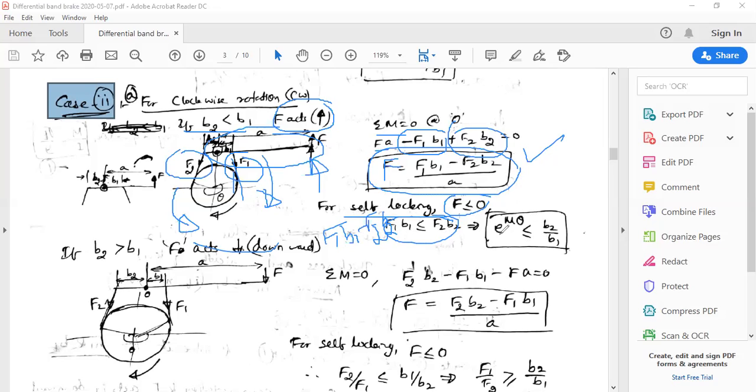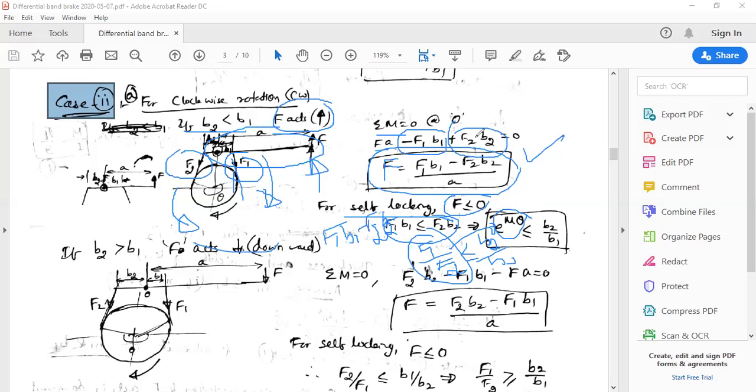And e raised to mu theta is equal to B2 by B1. How is this resulting? Taking F1 divided by F2 on one side, that is forces on one side, it is less than or equal to B2 by B1. But F1 by F2 is nothing but e raised to mu theta. So this is the expression that we have to write, and this is the case we have to consider.